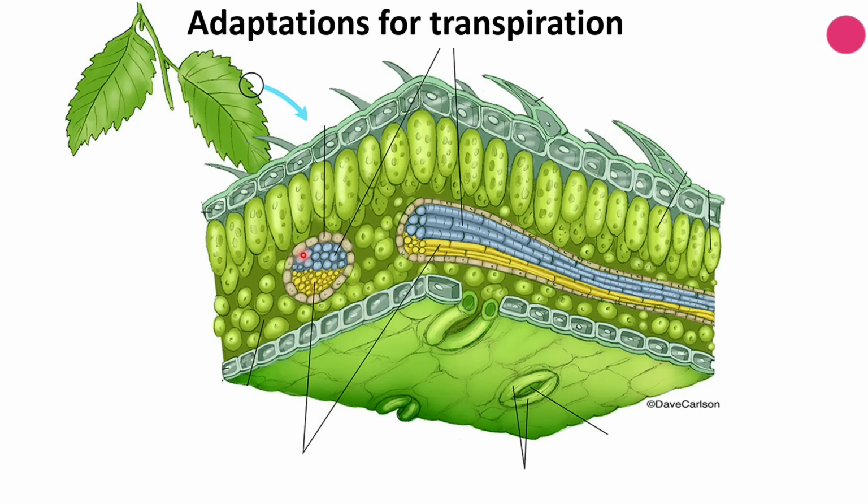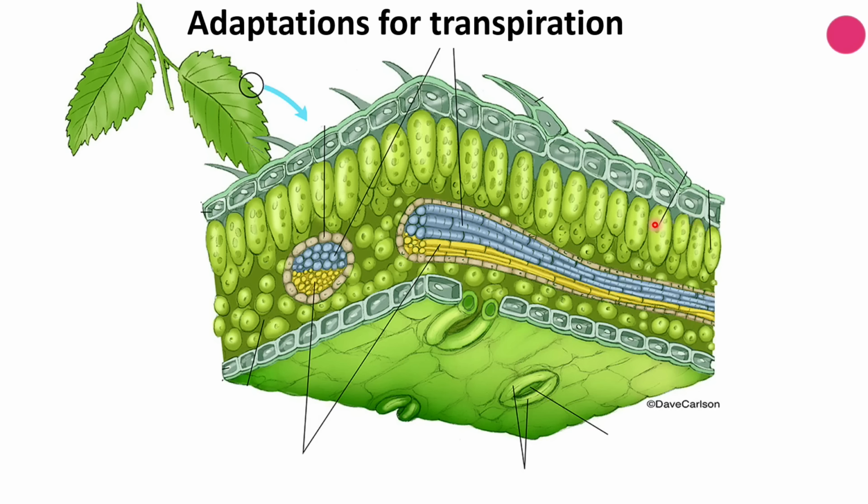And then here you can sort of see this is where the water and the food needs to be transported, and here at the bottom there are these stomata through which water needs to leave.